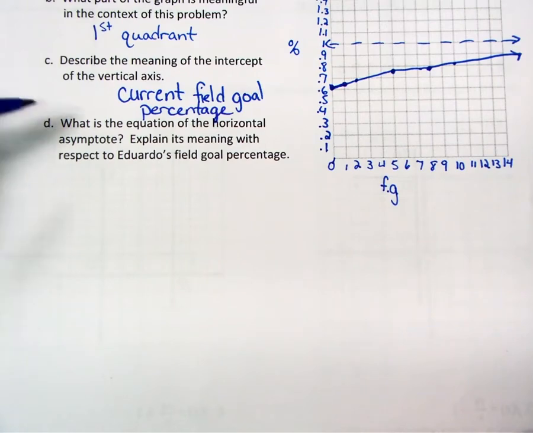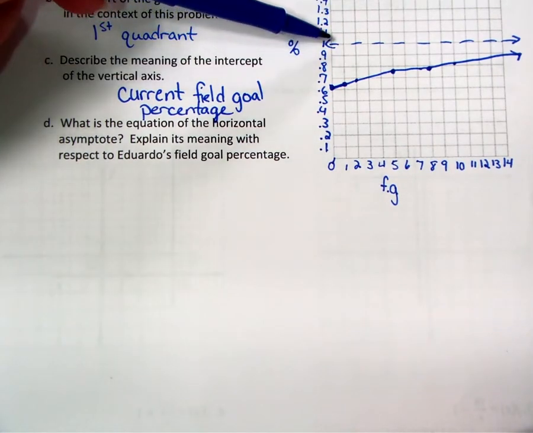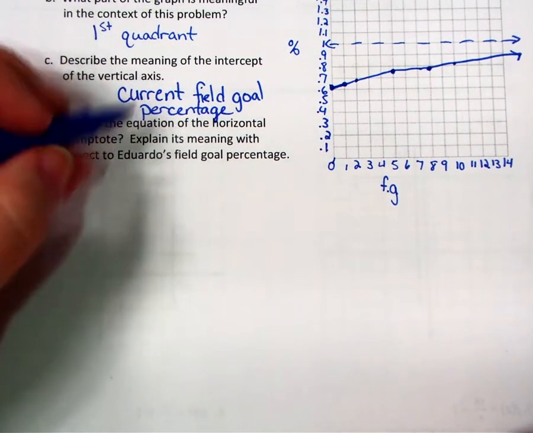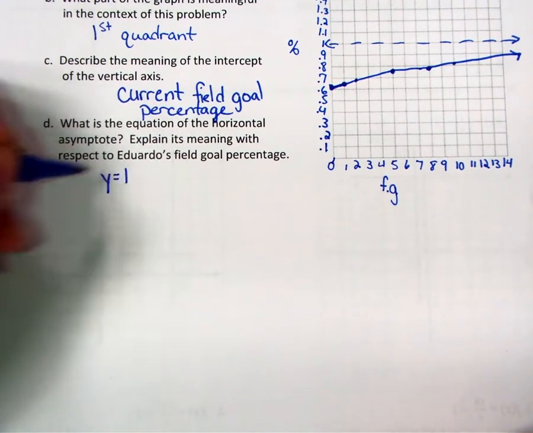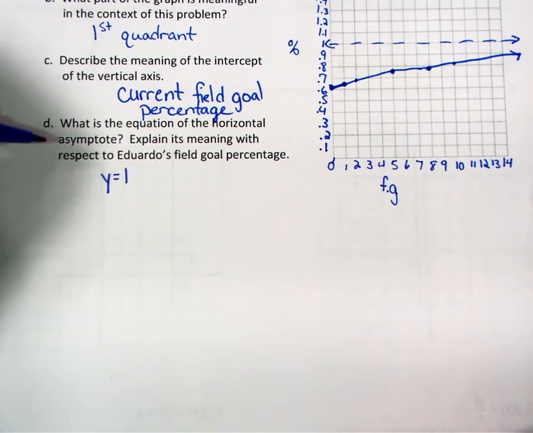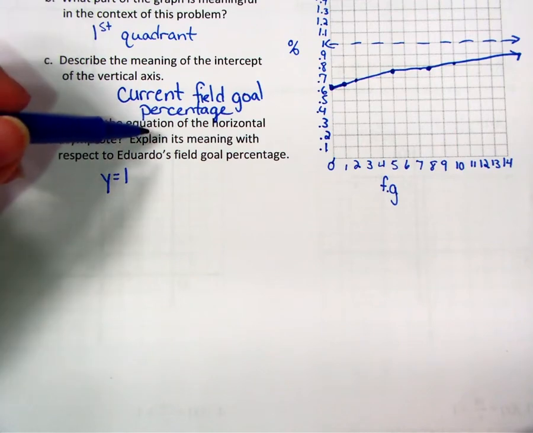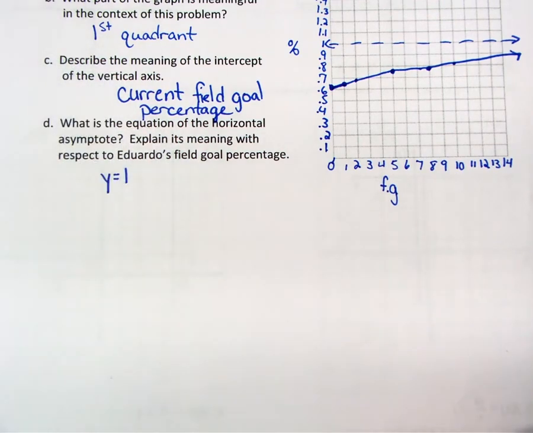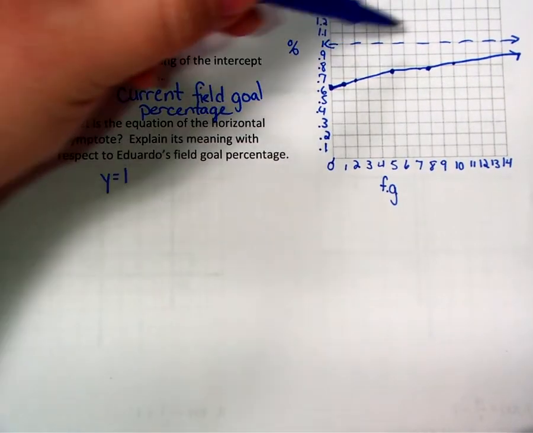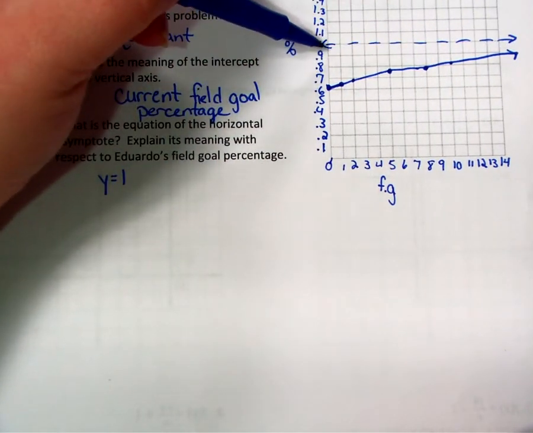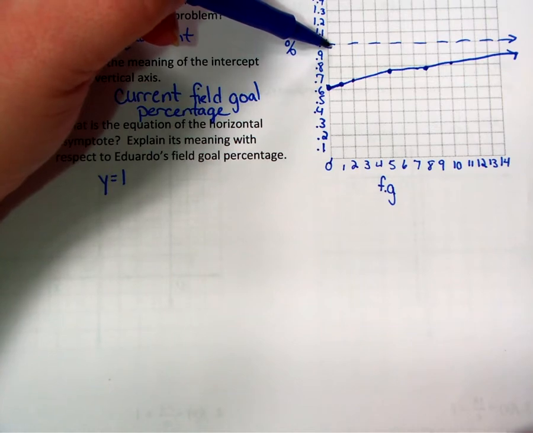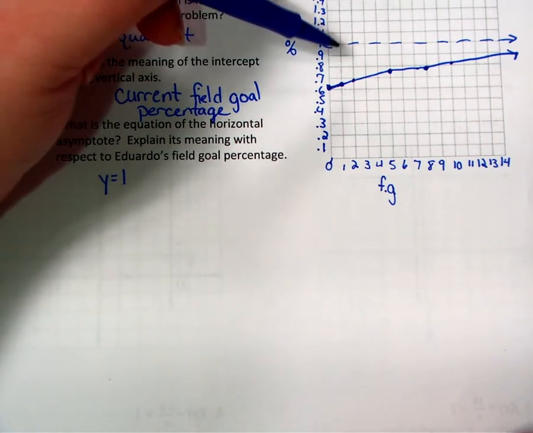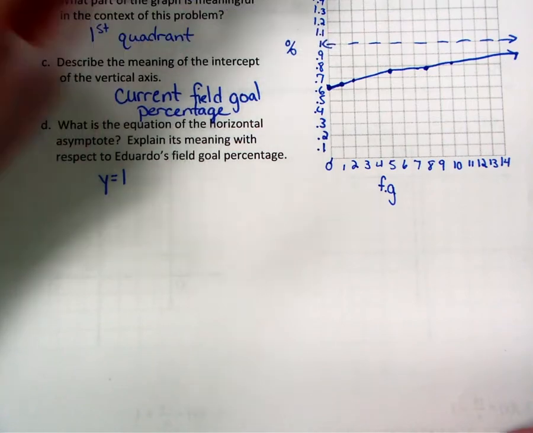Now the equation for our horizontal asymptote, we decided that it was at y equals 1, and the meaning of it with respect to his field goal percentage is that this is at 100%. If he had never missed a field goal in the first place, then his field goal percentage would be 100%. But it's acting as an asymptote because he's already missed field goals.